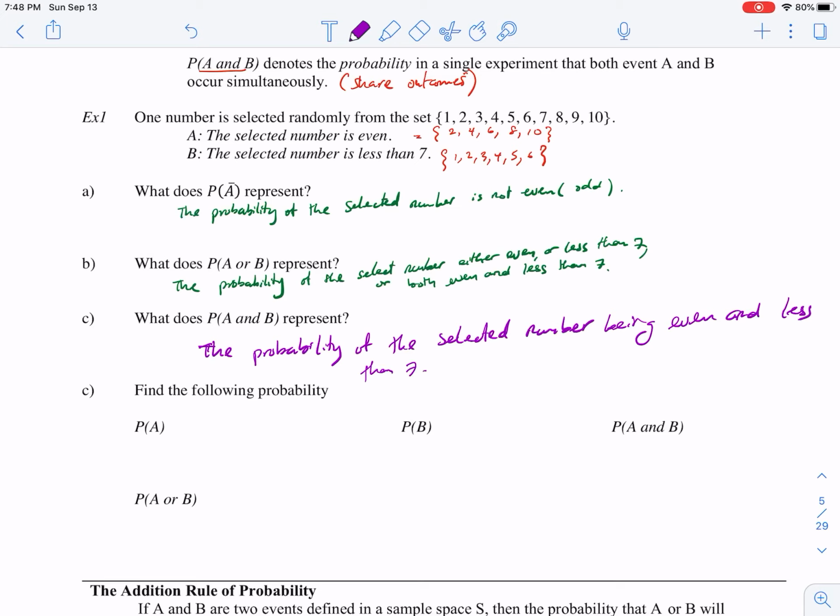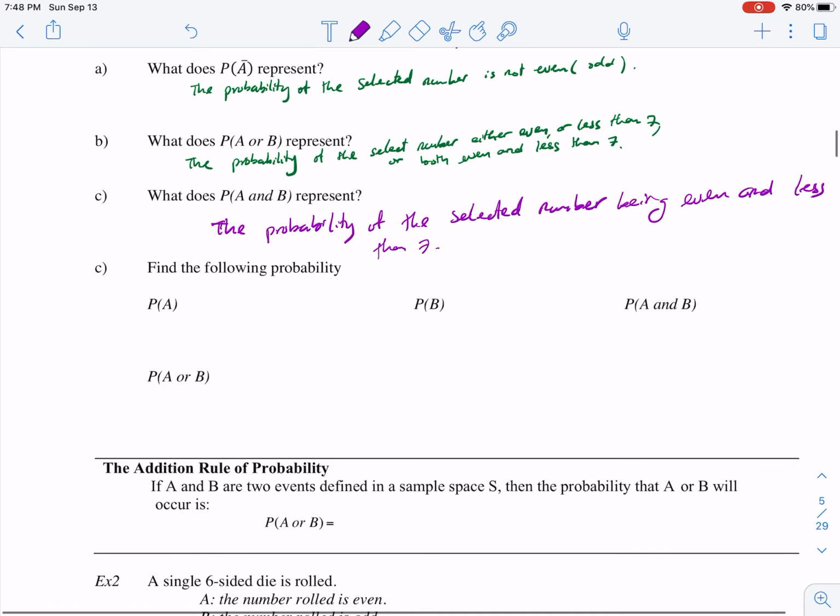Because A is the event that the selected number is even, and B is the event that the selected number is less than 7, P of A and B refers to the probability of the selected number being even and less than 7 at the same time. So now we're ready to find the following probabilities.